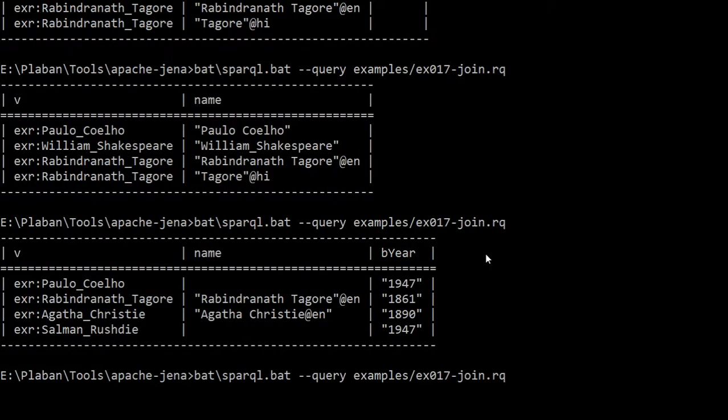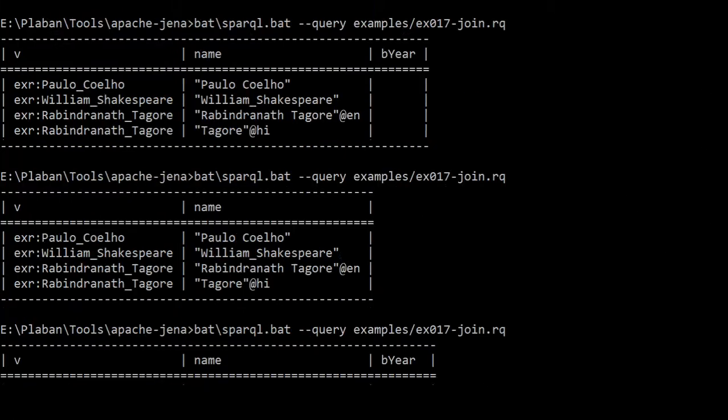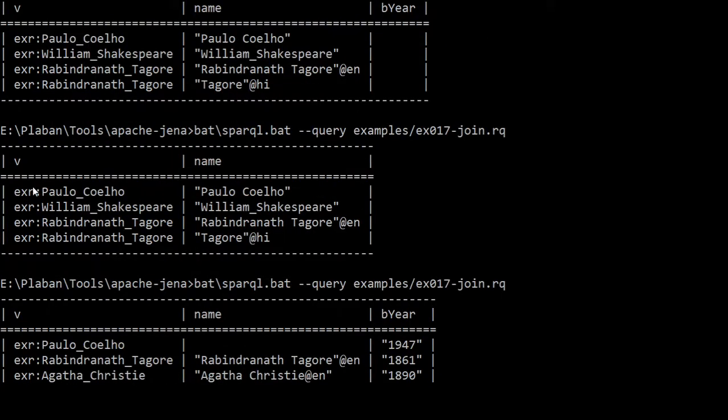So we execute the query again. So you see that Paulo Coelho, though it looked like it was not compatible, is coming here, right? So we should consider that if we have some variable which is not bound, that will also be treated as playing a part in compatibility. So you have a compatibility here in the first row, in the first variable V, right?